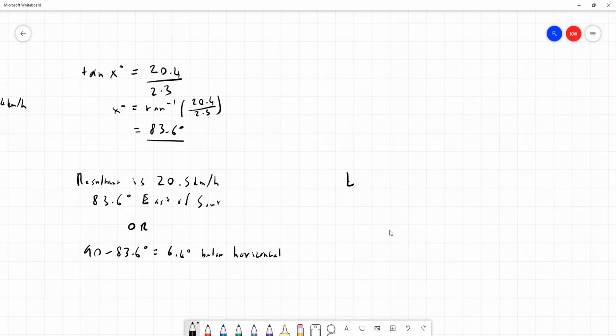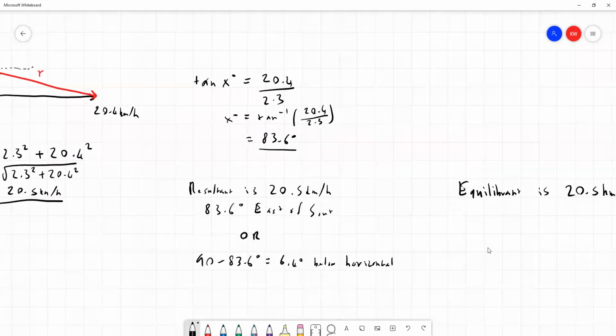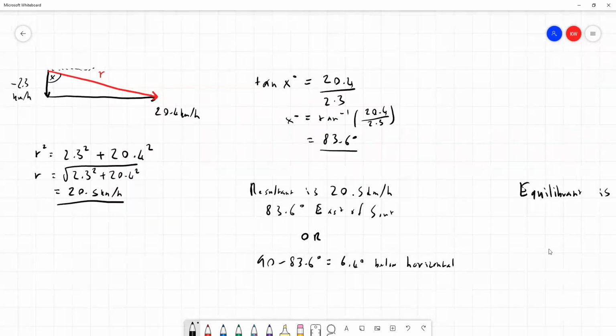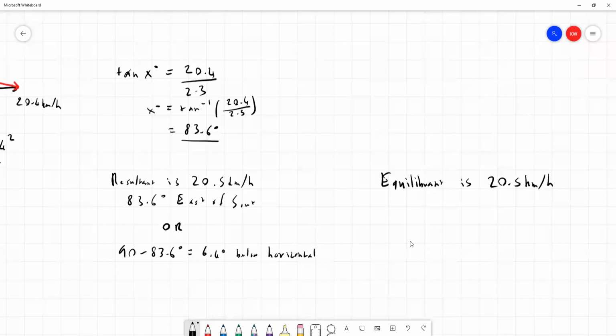So we can immediately say the equilibrium is 20.5 kilometers per hour, and it's acting in the opposite direction to the resultant. So if the resultant is 83.6 degrees east of south, that means the equilibrium will be 83.6 degrees west of north.